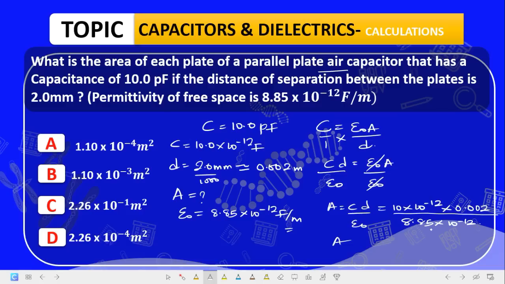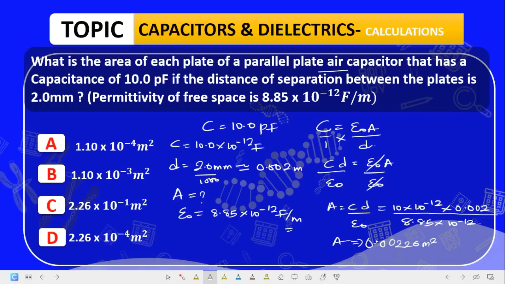And then when you solve this, let's quickly press our calculator, 10 times 10. Now that will give us 0.00226 meter square.